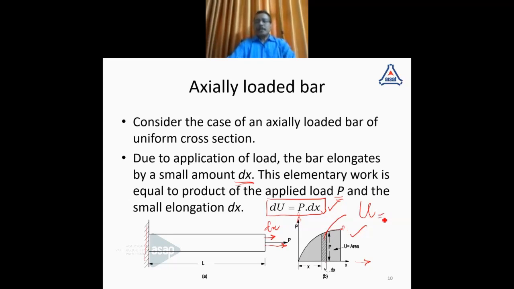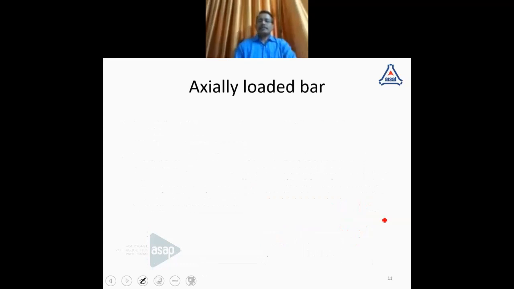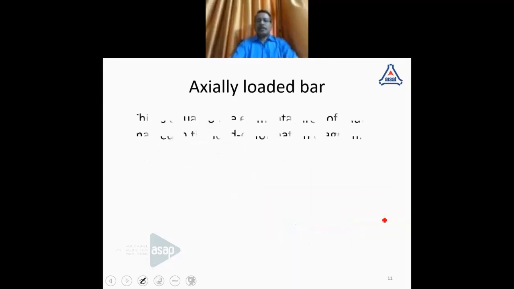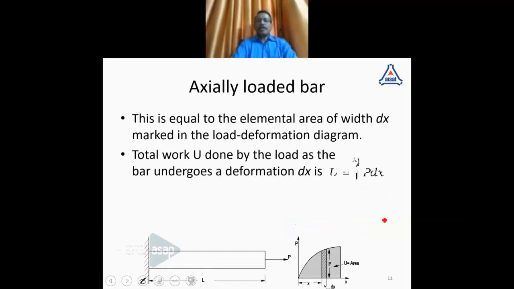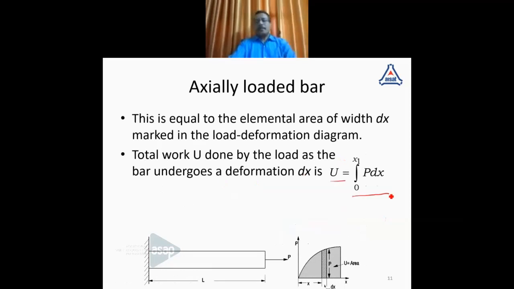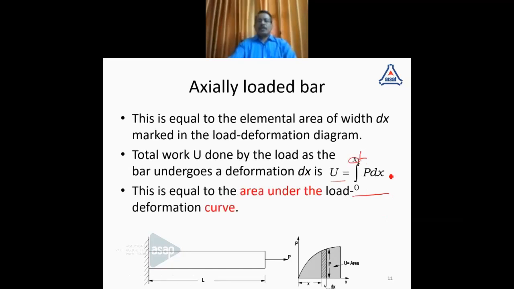So this can be obtained as an integral of P dx. Let's say the total work done is given by the integral of P dx over the length x1 or L. So here it is taken as L. So integral 0 to L of P dx. By integrating this, we can get the area under the curve. The area under the curve is defined by this integral.